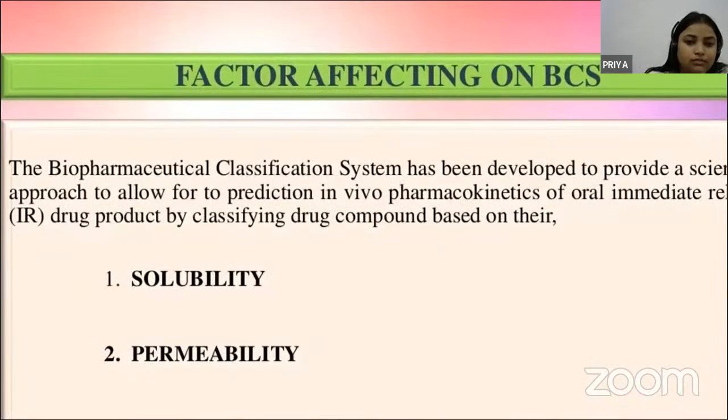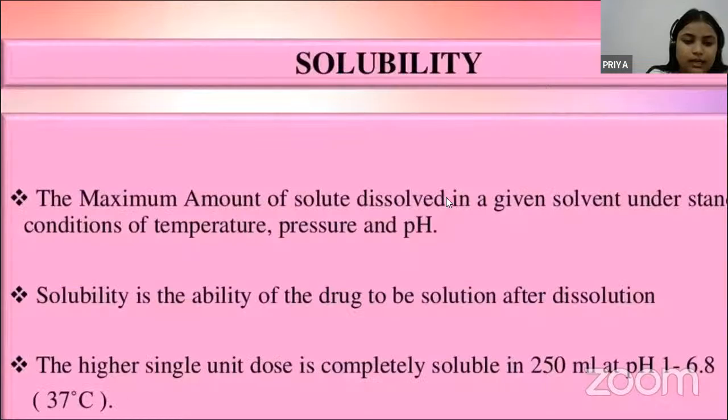The factors which affect the BCS classification are solubility, permeability, and dissolution. First, we have to know what solubility is. Solubility is the maximum amount of a solute which dissolves in a given solvent at standard conditions like temperature, pressure, and pH.